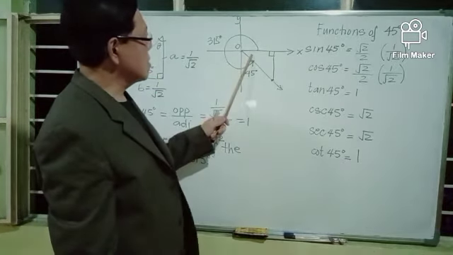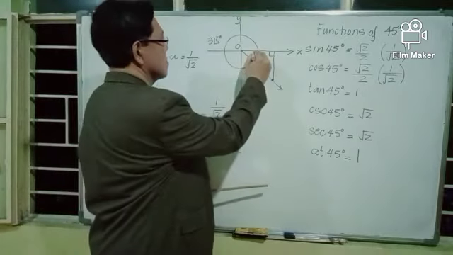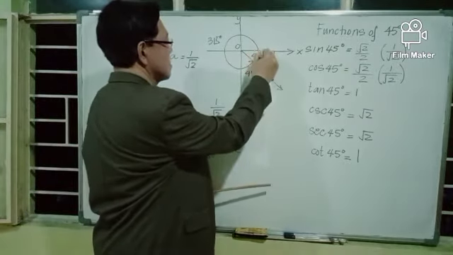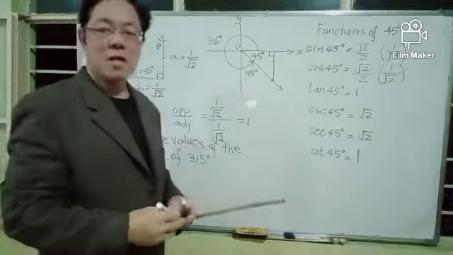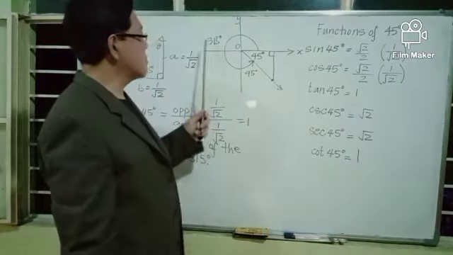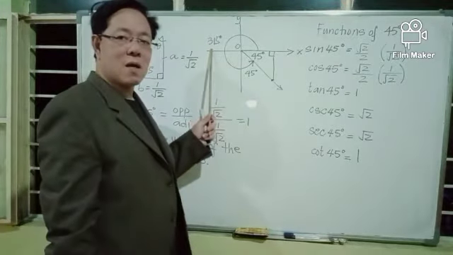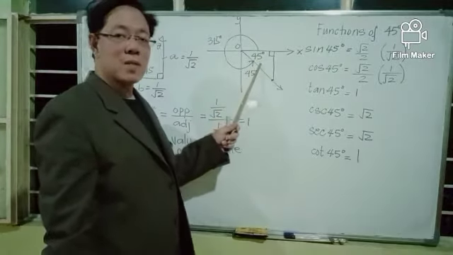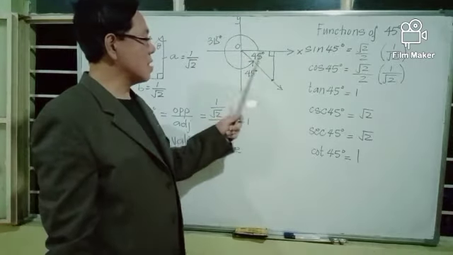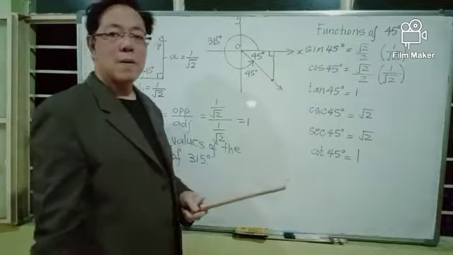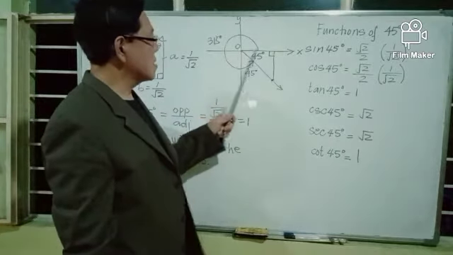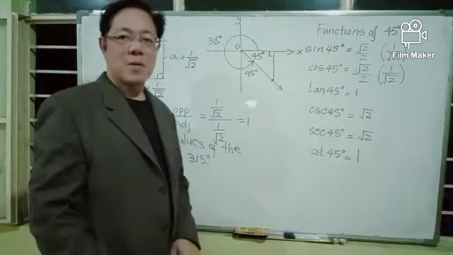And this is also 45 degrees. The trigonometric functions of 315 degrees are now equal to the trigonometric functions of 45 degrees in this right triangle.